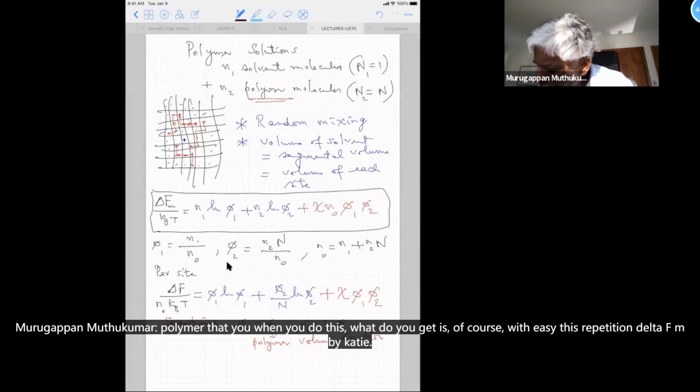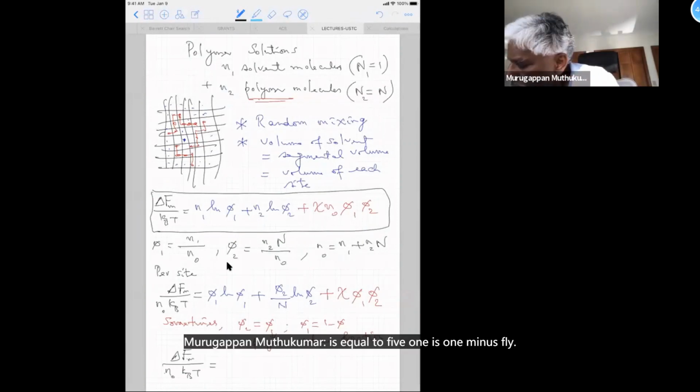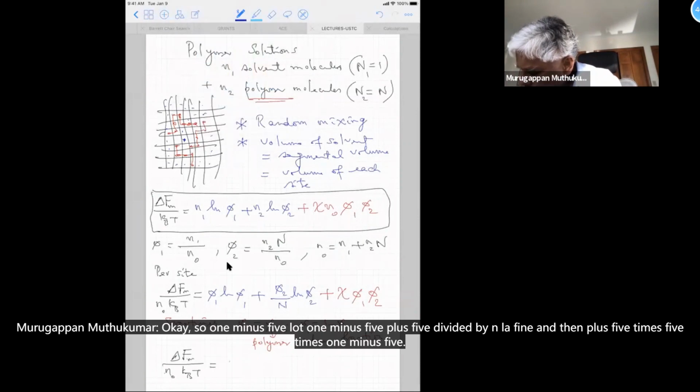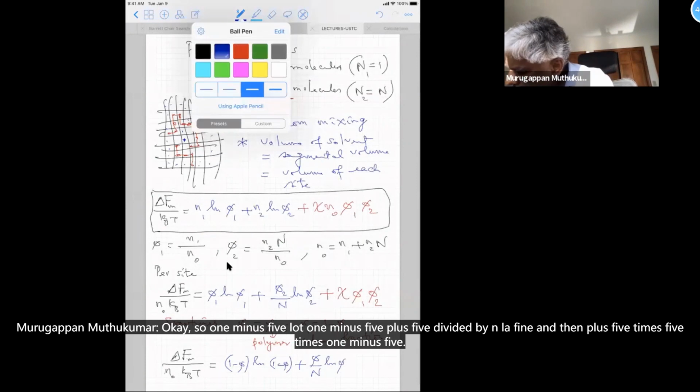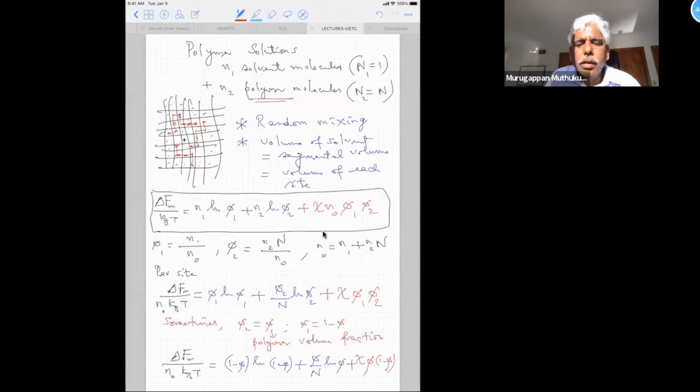Delta Fm by kT is equal to, phi 1 is 1 minus phi, so I have 1 minus phi log 1 minus phi plus phi divided by N log phi, and then plus chi times phi times 1 minus phi. Okay. They're all the same.